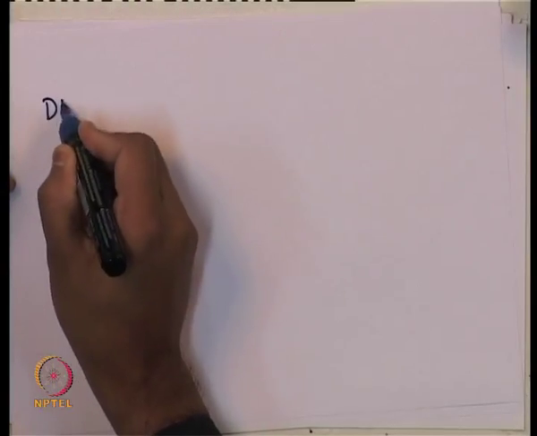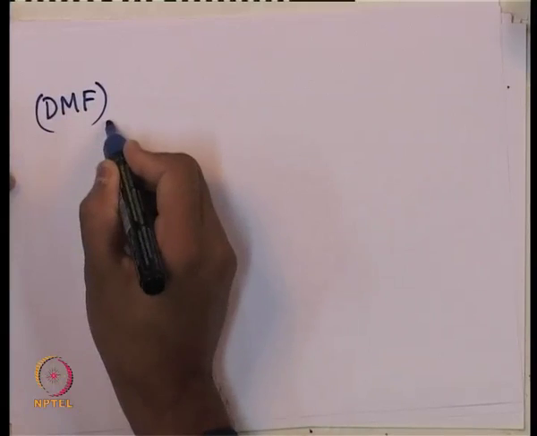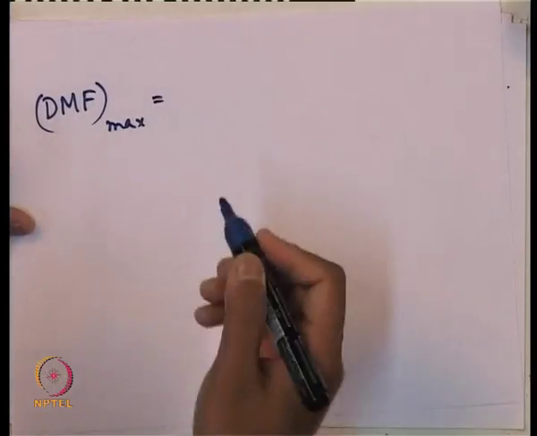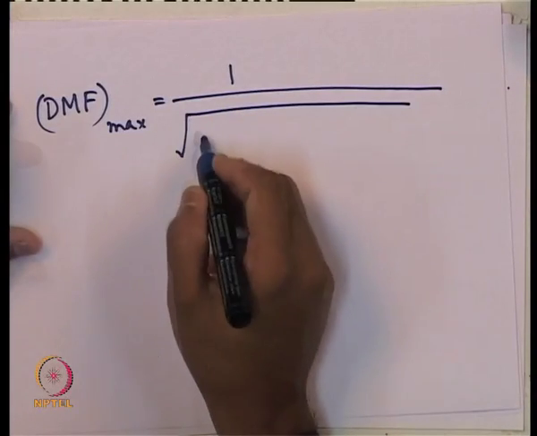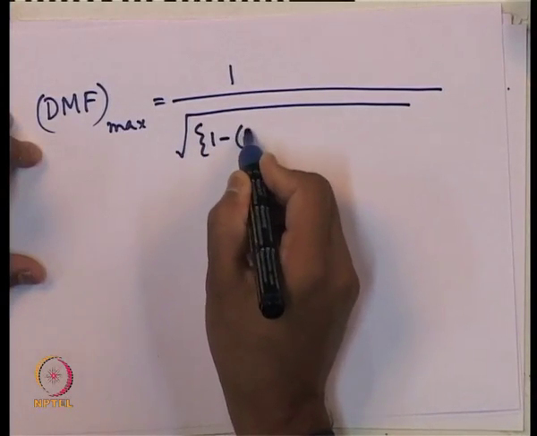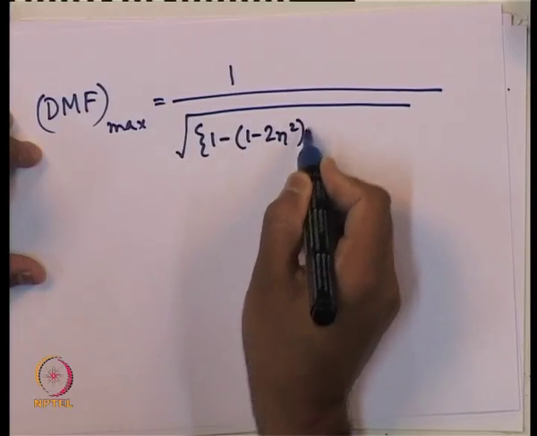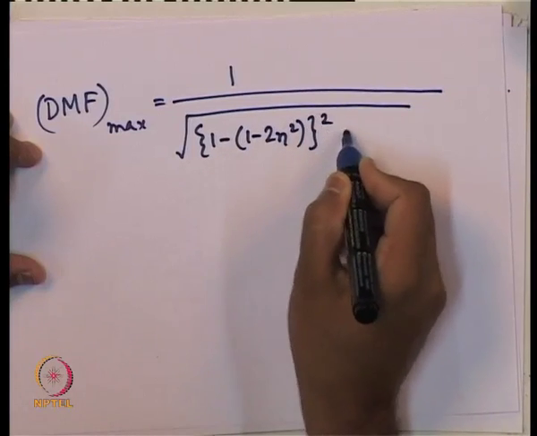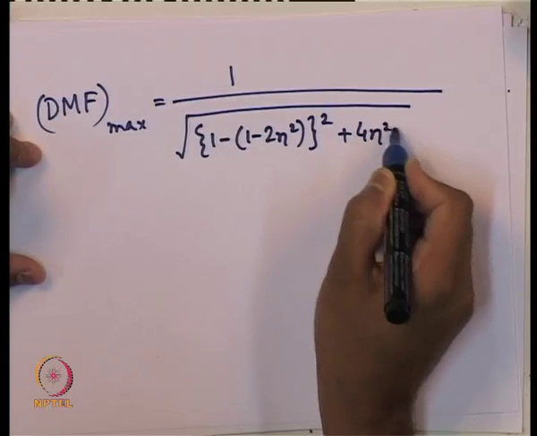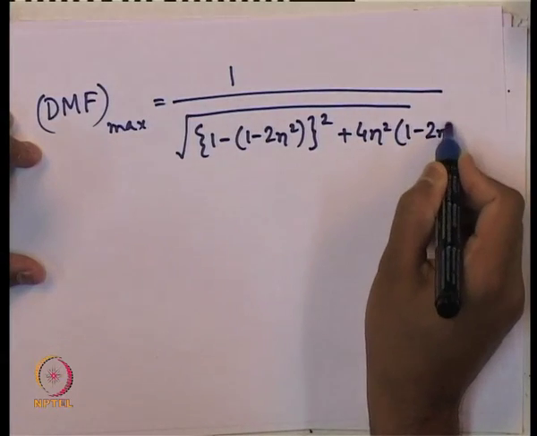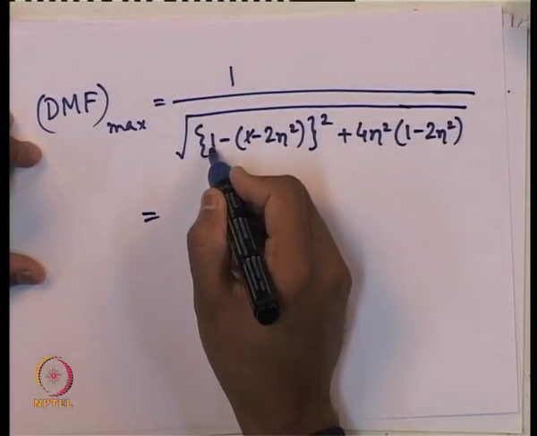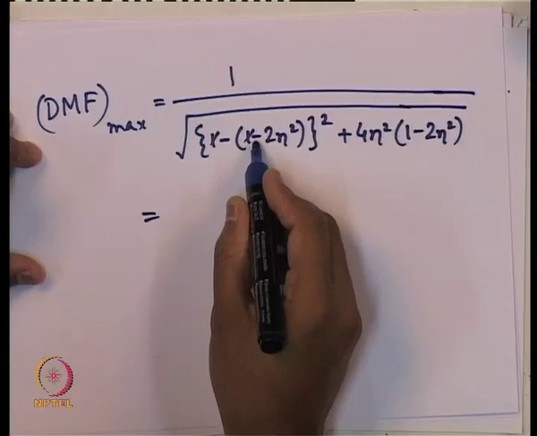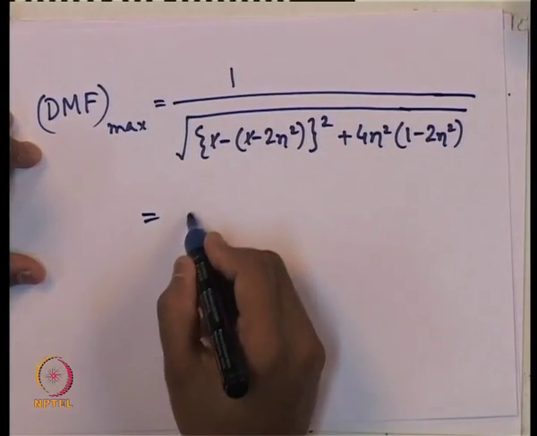So, DMF max is now 1 by root over (1 minus 2 eta square) whole square plus 4 eta square (1 minus 2 eta square). The 1 gets cancelled, this becomes plus 2 eta square.